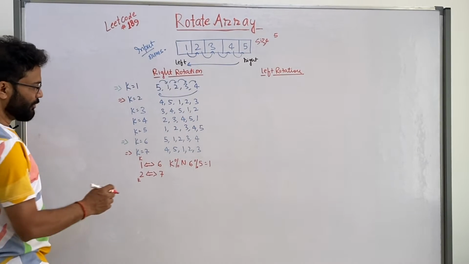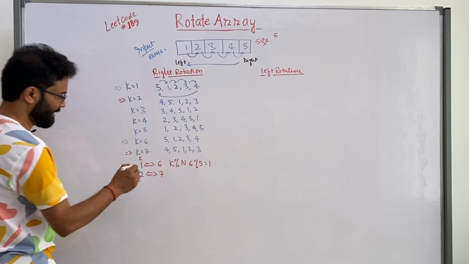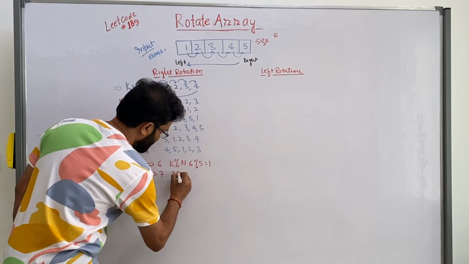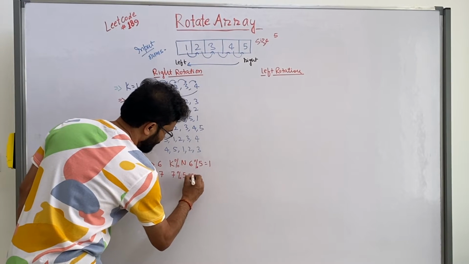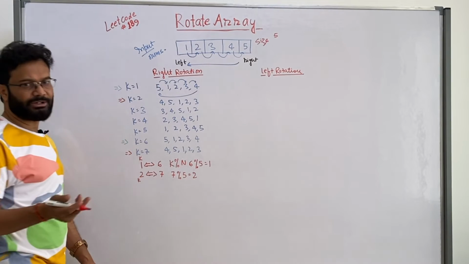It means whether you rotate 6 times or 1 time, both are equal. The same thing: 7 mod 5, you get 2. So whether you rotate 7 times or 2 times, it's the same.